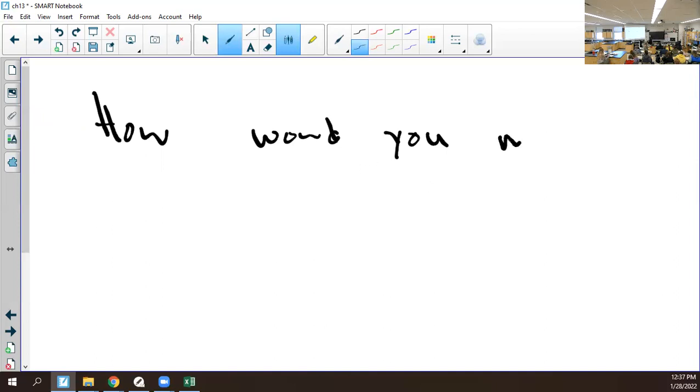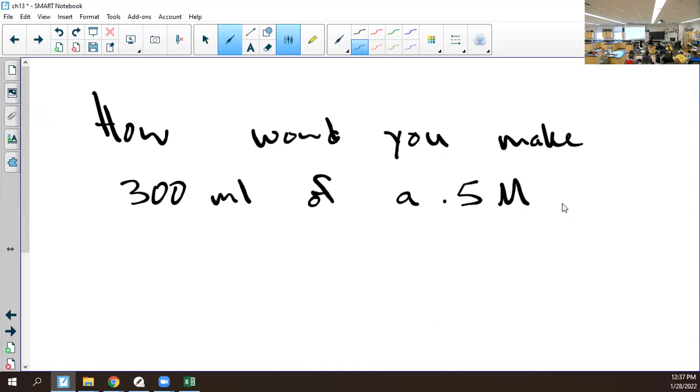How would you make 300 milliliters of a 0.5 molar NaOH solution? If you can figure that out, then that's like the only thing. We didn't really talk about making them. We've always had them and been with moles and all that. But how would you literally yourself make this solution?